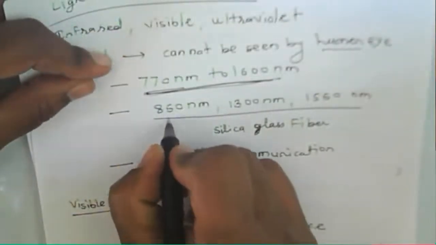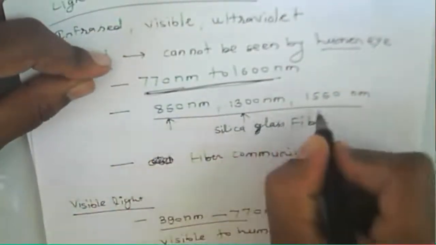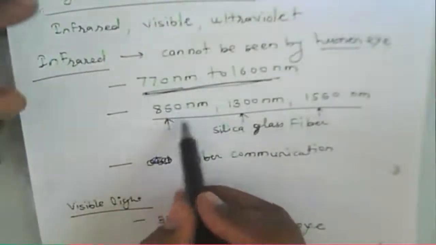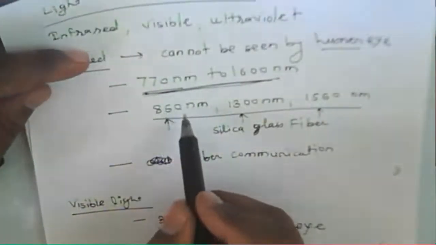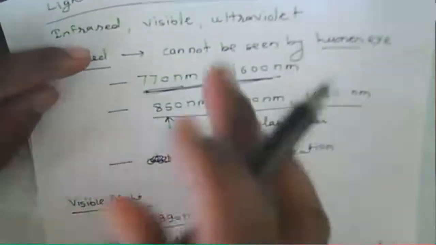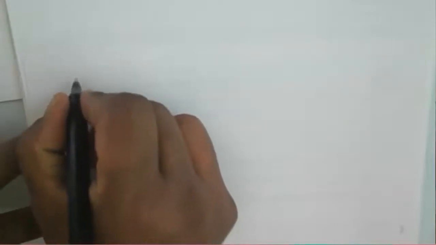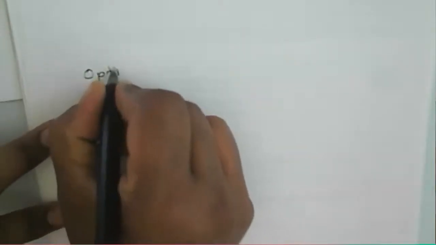So we need to understand what specific band of frequency we are using. These are the specific blocks of frequency or wavelength mentioned. So what happens to the attenuation? We'll see the attenuation diagram there.